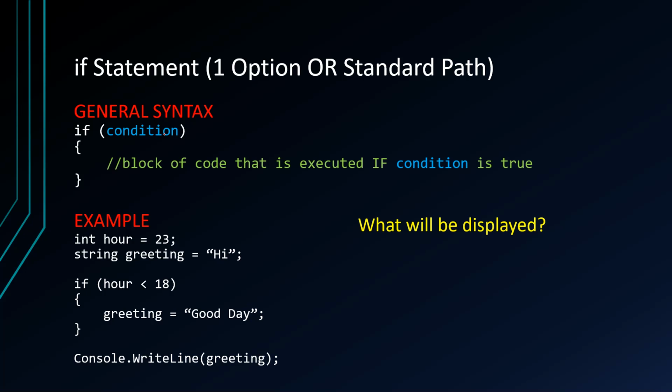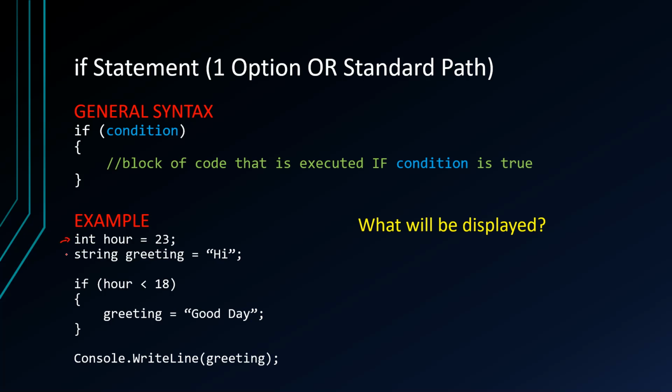Okay, assuming you're back right now, we look at this. We say, well, is hour less than 18? Well, no, it's 23. So it fails this. So let me draw a little line so you can see how this actually executes. What actually happens here is the code will flow from top to bottom. It'll do this line.